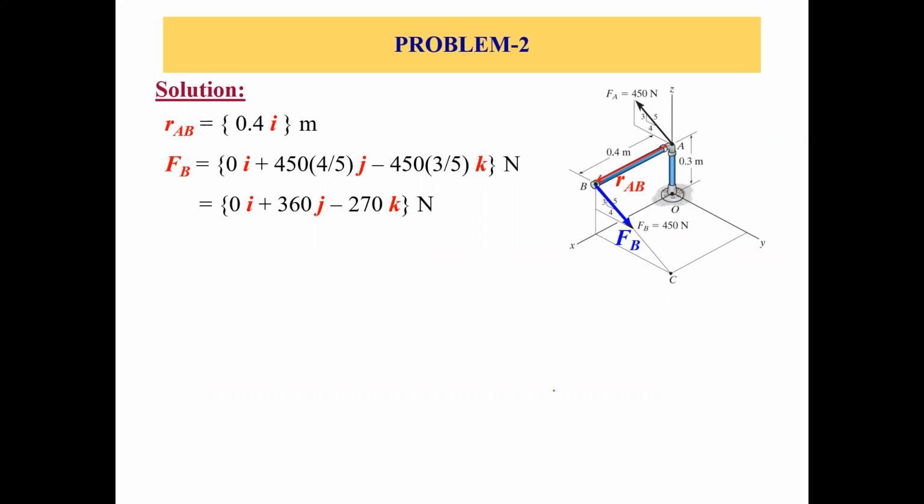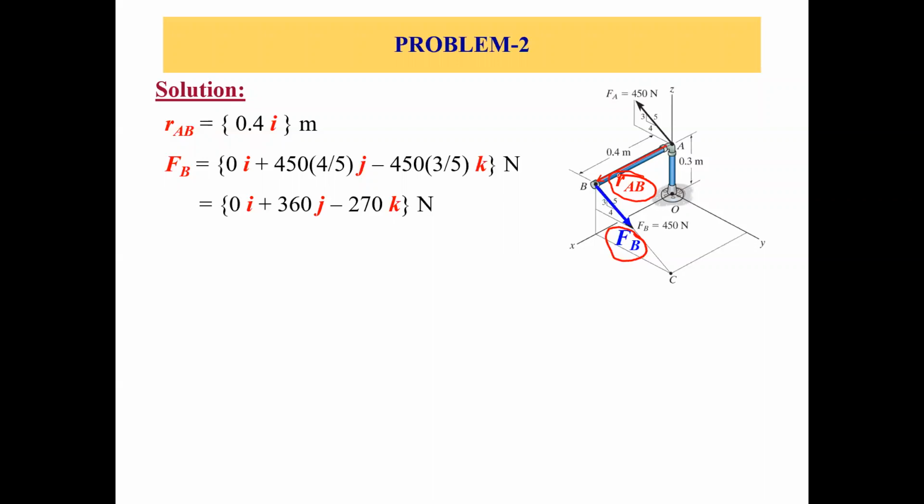So let's take this guy, FB. FB equals 450 newtons, and this is the position vector, RAB. So we have RAB and we have force 450 newtons. Let's find out RAB first.